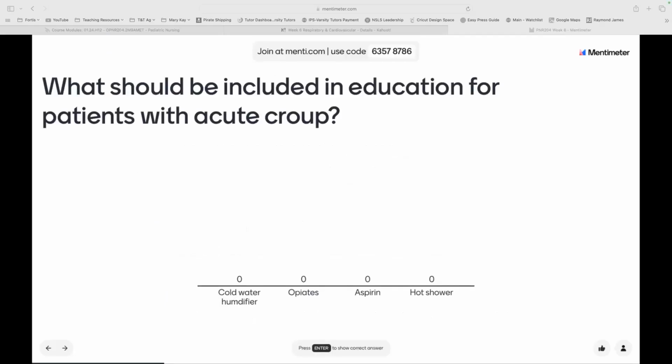So what do we want to include for our parent education?